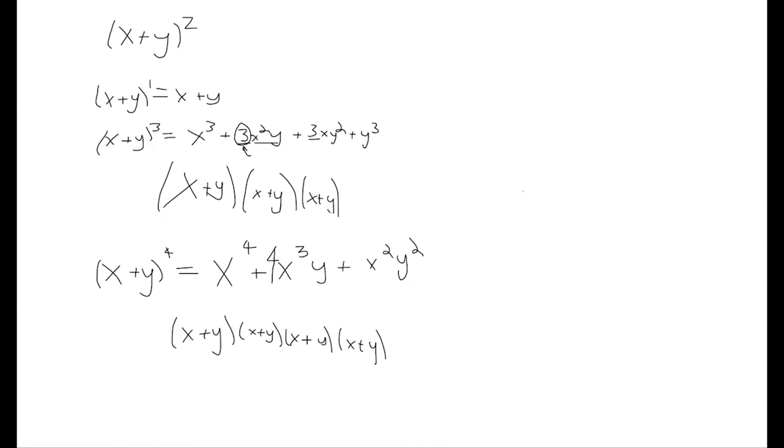How many different ways can 2 of these be y? Well, that's the same as finding out how many different ways we can pick 2 x plus y's out of this group. So we're going to randomly pick 2 x plus y's out of this group, and find out how many different ways we can do that. So maybe we could take this one and then this one, or maybe we could take this one and then this one. So there are a bunch of different ways to do that.